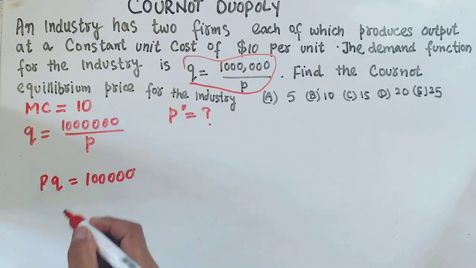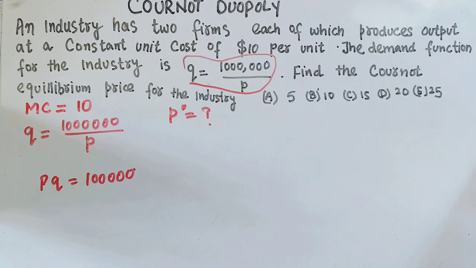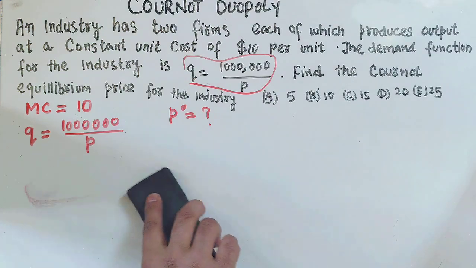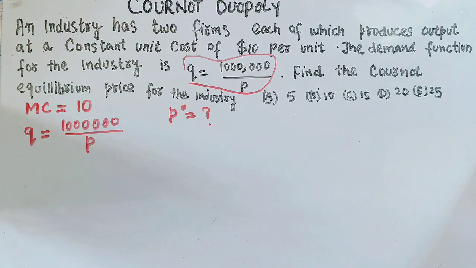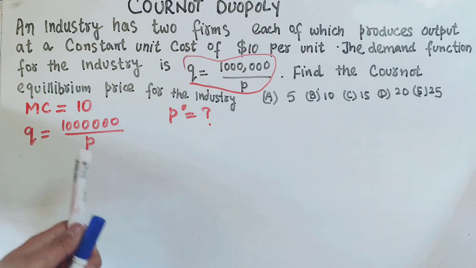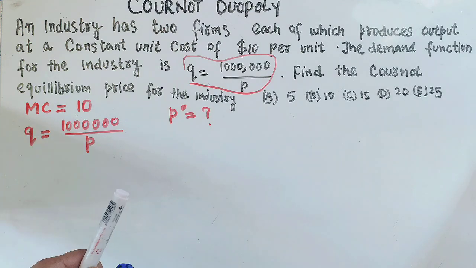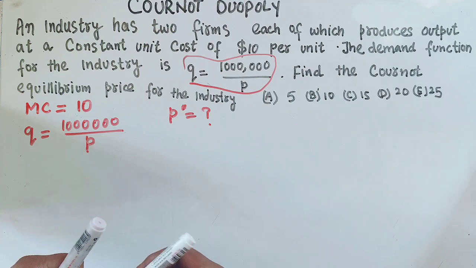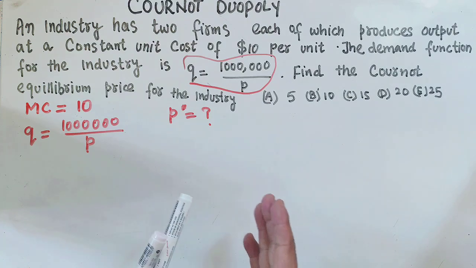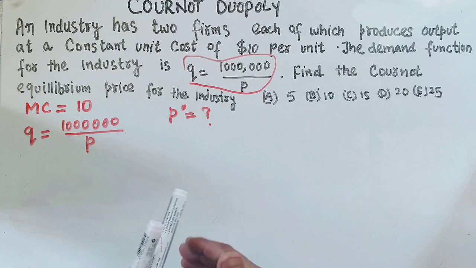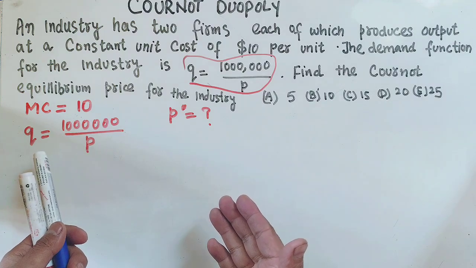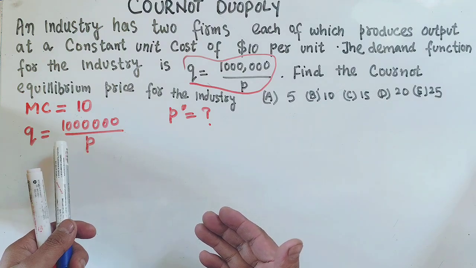That means our total revenue will be constant here. So it is our constant elasticity demand function. And what is the price elasticity of demand in this demand function? It will be equal to 1. Let me first explain why I am trying to find out the price elasticity of demand.